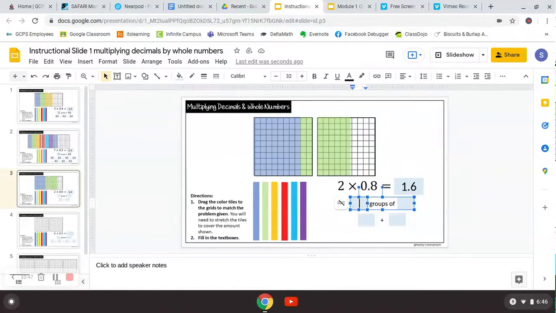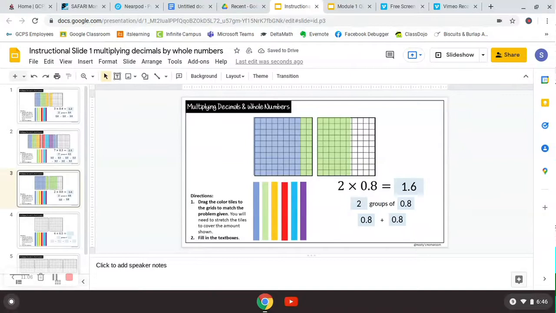So to find this, we made 2 groups with how much in each one? 0.8, 8 tenths in each one of these 2 groups. And our repeated addition equation is 0.8 plus 0.8.